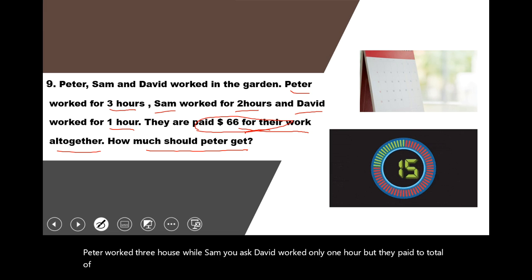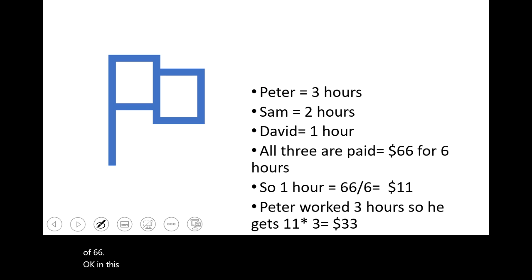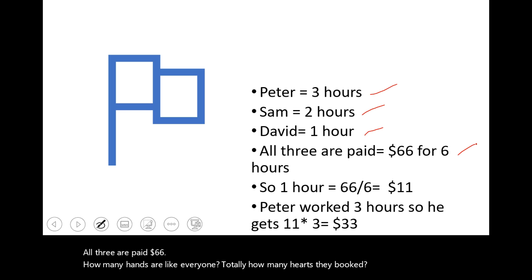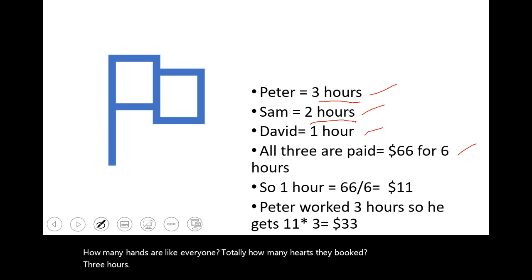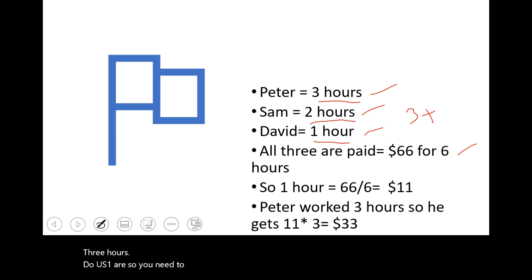Okay, in this case, you need to find out, all 3 are paid $66. Totally how many hours did they work? 3 hours, 2 hours, 1 hour. So you need to add 3 plus 2 plus 1, which gives you a total of 6 hours.